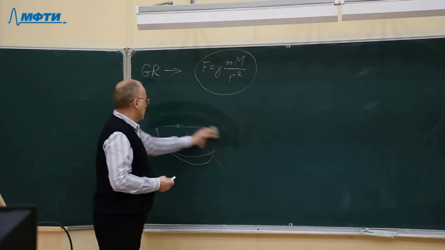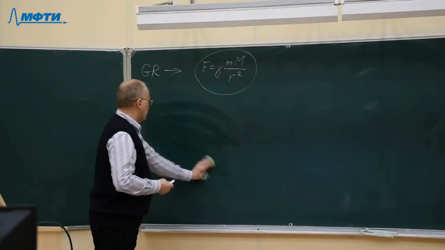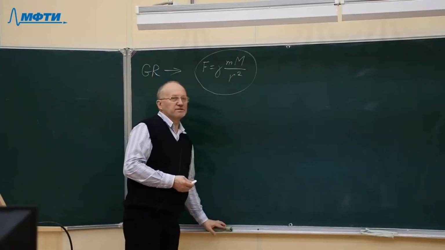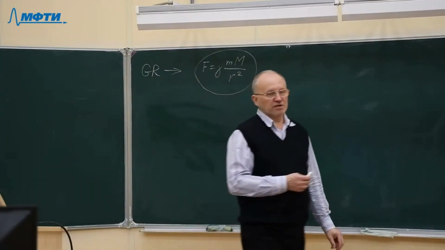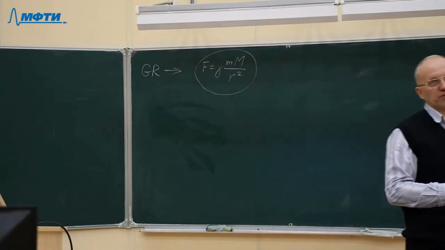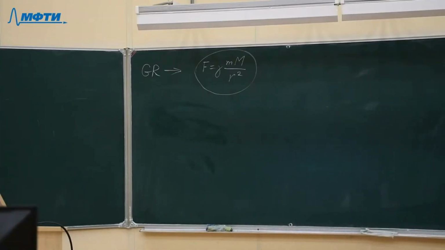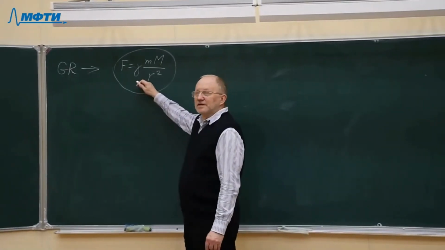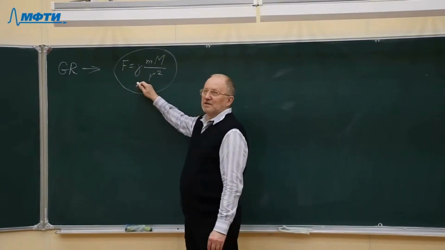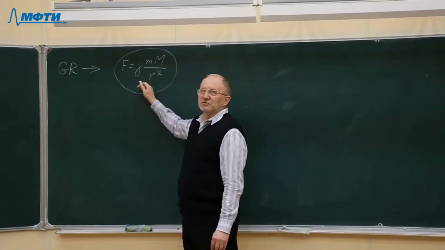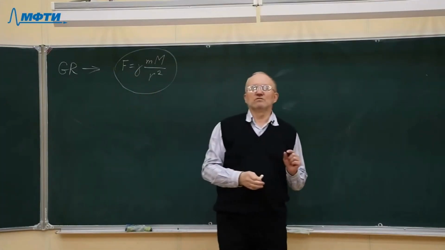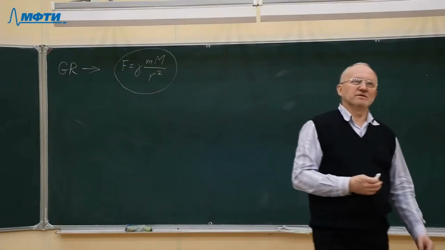And there are many effects of general relativity that should be taken into account if we want to make correct predictions. So Newton's law of gravitation is very good, but it's anyway approximate. The approximation is very good. The discrepancy with the observational data is very small, but anyway it's observable, it's there.